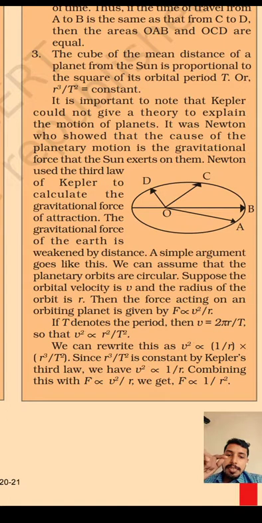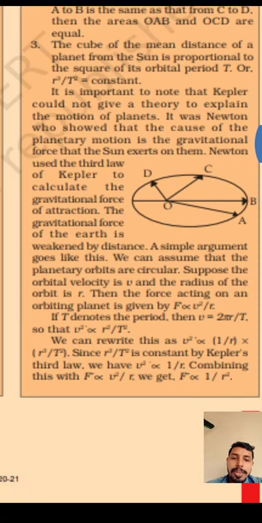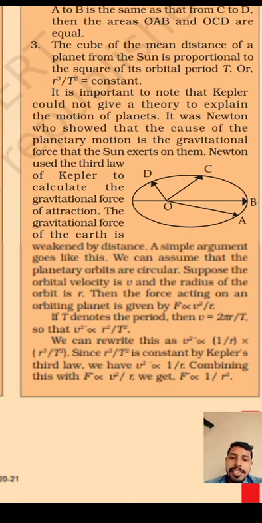So we can rearrange the equation: 1 by R into R cube by T square. So we can rewrite V square directly proportional to 1 by R into R cube by T square.